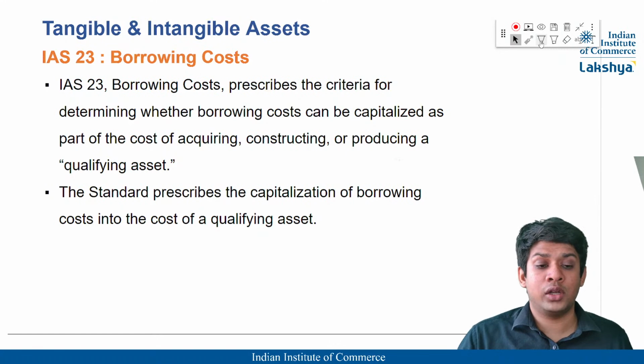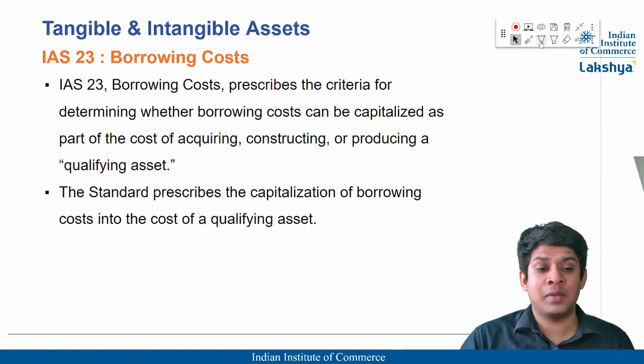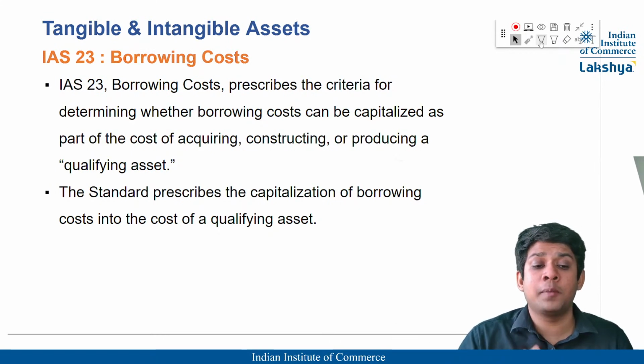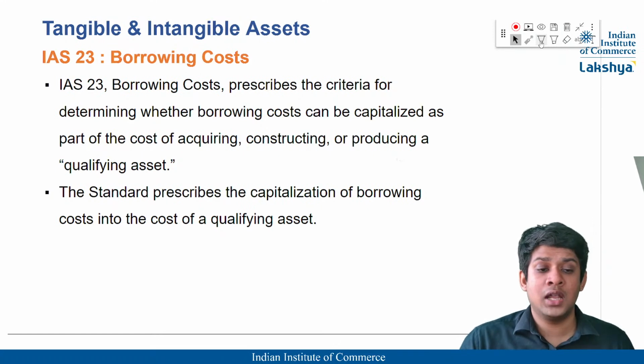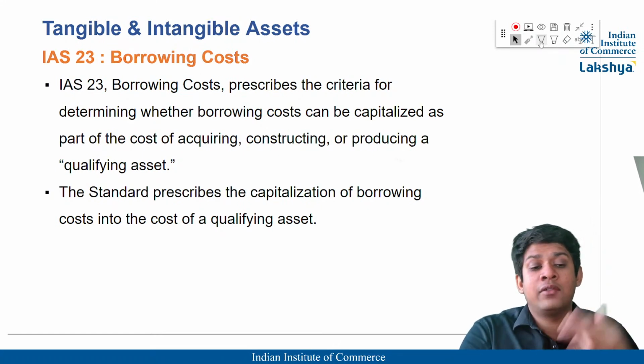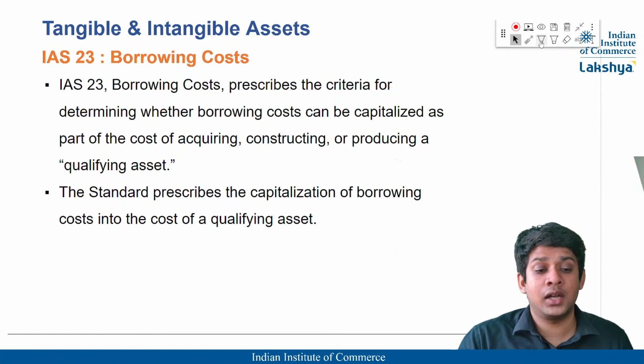So those are known as borrowing costs. Borrowing costs are going to be capitalized to the value of that machinery solely because I have taken that loan not for any other purpose but for the construction of my machinery. So guys, because I've taken that loan for the construction of that machinery, the expenses of the interest payment that I'm making, those are going to be recoverable from the machinery, because once I construct the machinery, I will generate future economic benefits, correct?